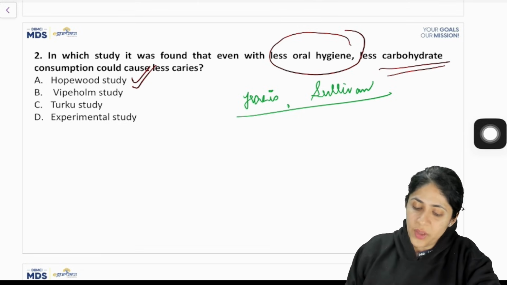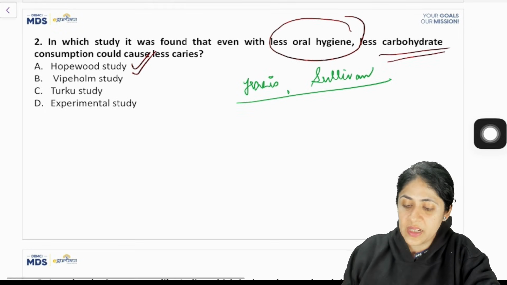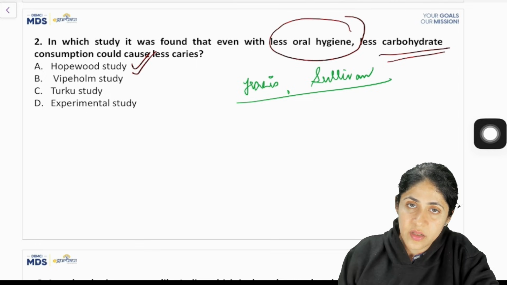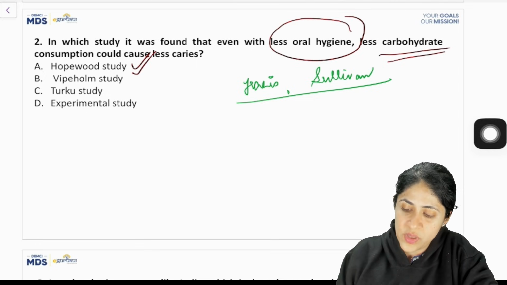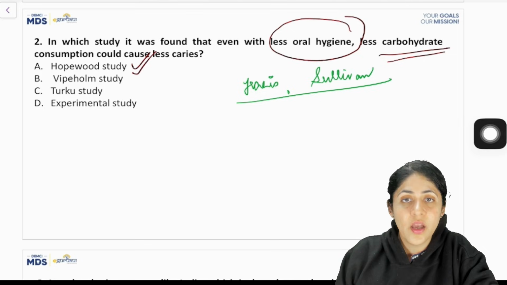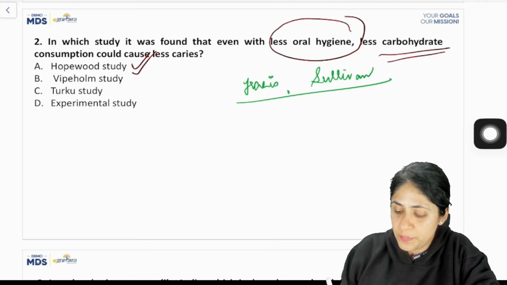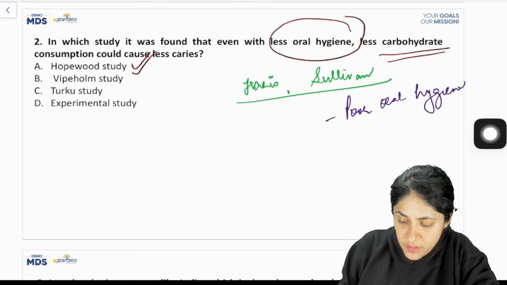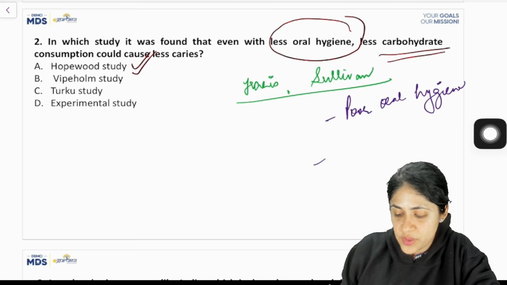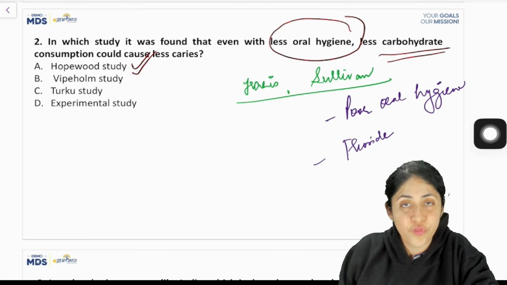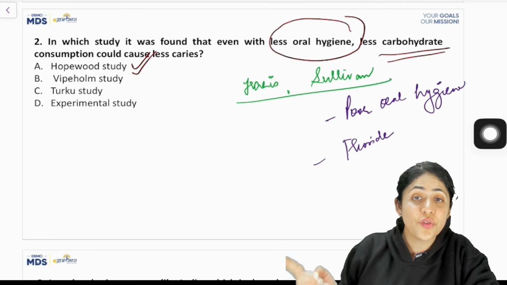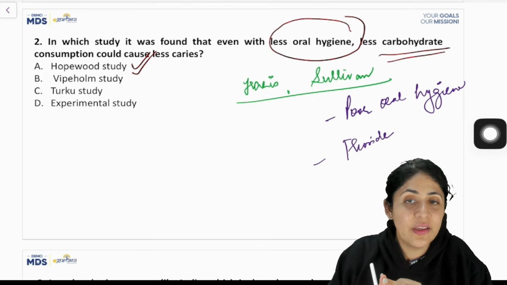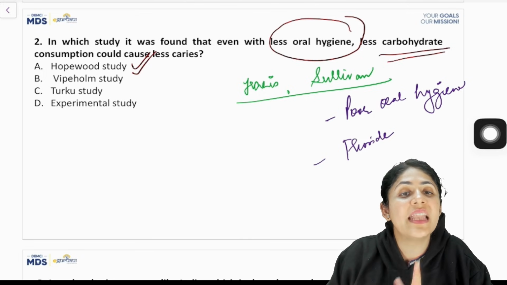The astonishing part is that the carbohydrate content of the diet was low, but they were orphans and their oral hygiene was poor. There was no source of fluoride available to them. The conclusion was that despite bad oral hygiene and no fluoride, they still had very little caries.